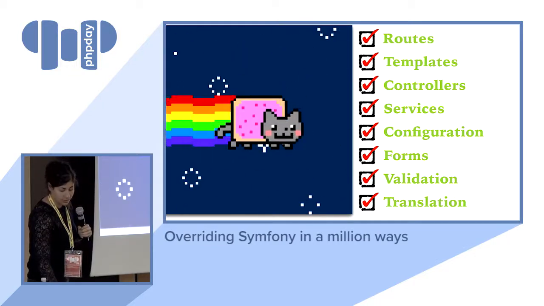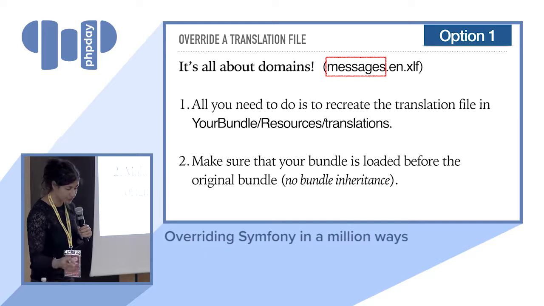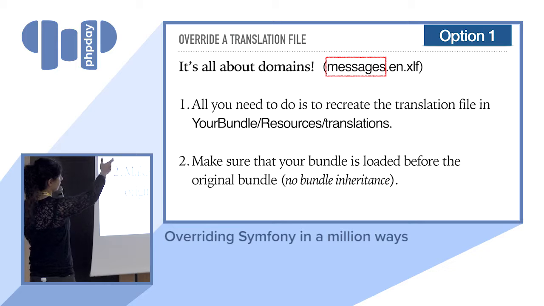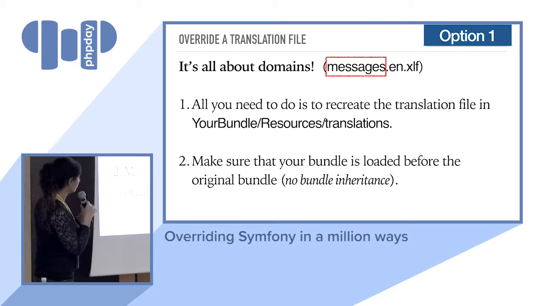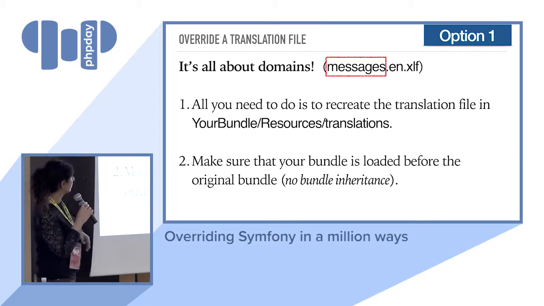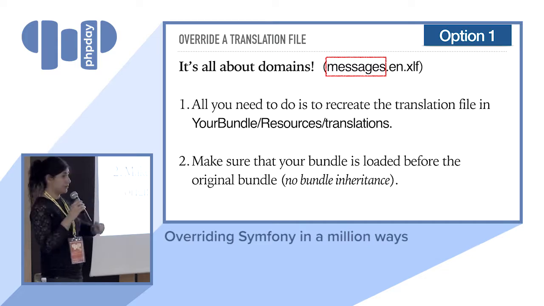And the last one, translation. You have two options again. The first one is about the fact that all translation files are about domains. So the name of the file at the beginning is really important. Basically, all you need to do is create this new translation file and put it in your bundle, in Resources/translations. But be careful.